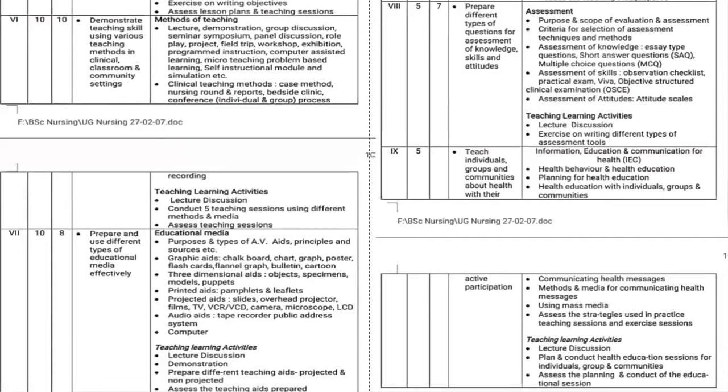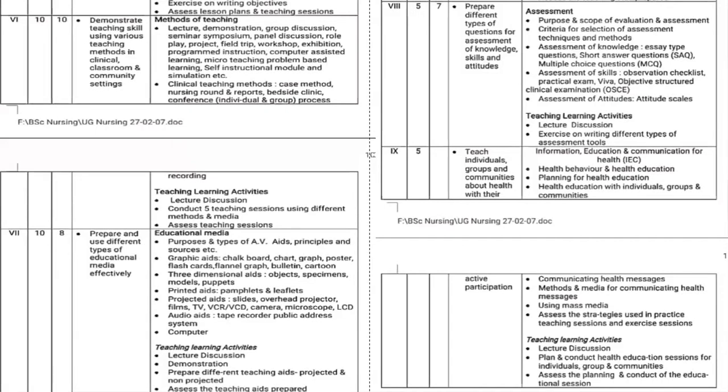Clinical teaching in the hospital side: case method, case presentation, nursing rounds and nursing reports, bedside clinic, conference, and recording and reporting. These are all the methods of teaching. A 10 marks important question, or 2 questions of 5 marks. This is methods of teaching, a 10 hours class, which will be taken by myself. Unit 1 and unit 6.